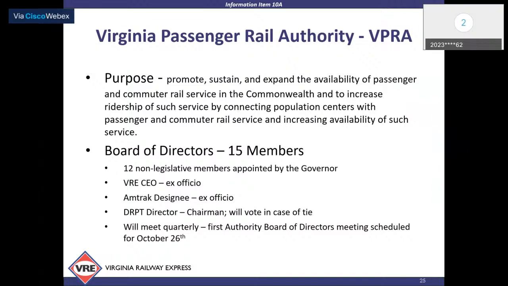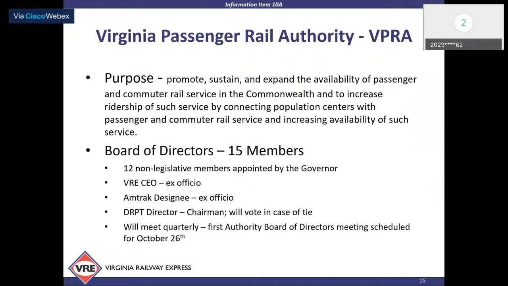I also just wanted to bring up that recently, and we dispersed this information to the operations board, the board of directors for the Virginia Passenger Rail Authority was announced. And just as a reminder, there's 15 members, 12 non-legislative members appointed by the governor.